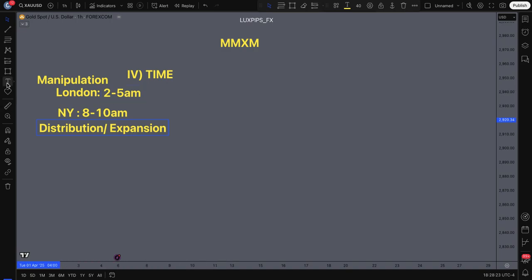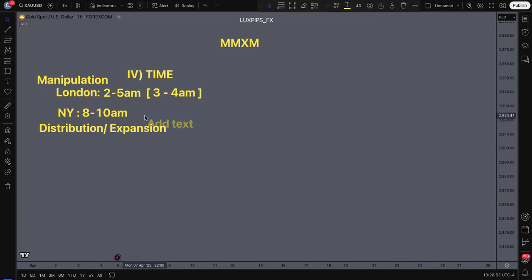So I'm going to give you the sweet times, the best times to look for these setups. If you don't want to stare at the screen for 2 to 5, you can get on your screen, look around, and find a bracket. 3 to 4 a.m. This is the sweet spot.